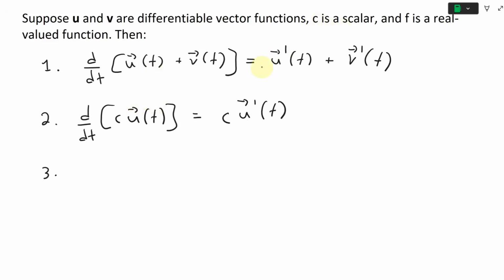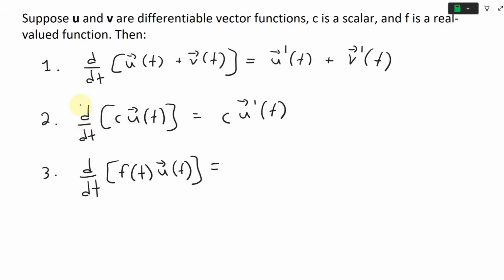Now part 3, or property 3. This is d over dt of, now we have a function. Instead of just a constant or scalar, this is the function f of t times u of t.